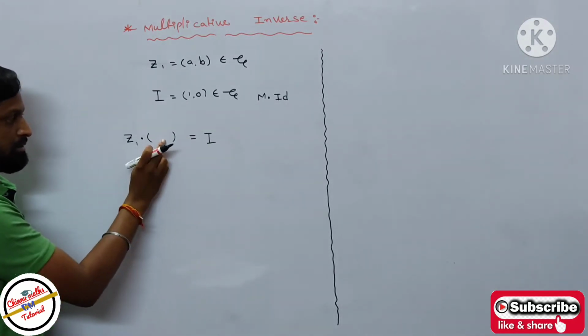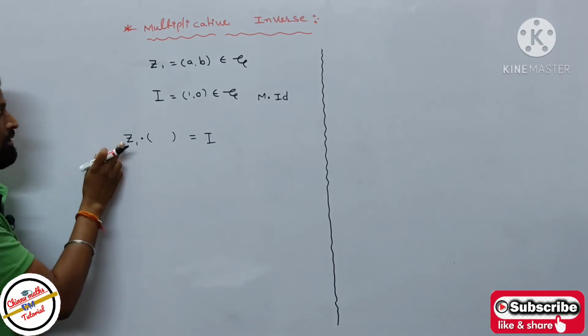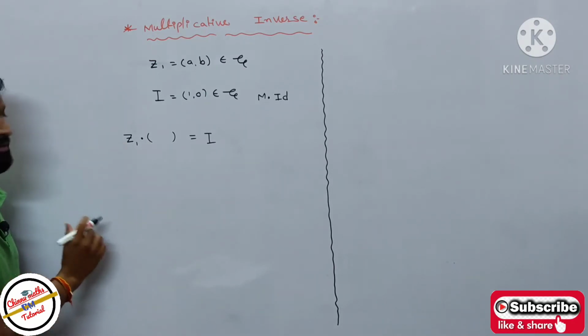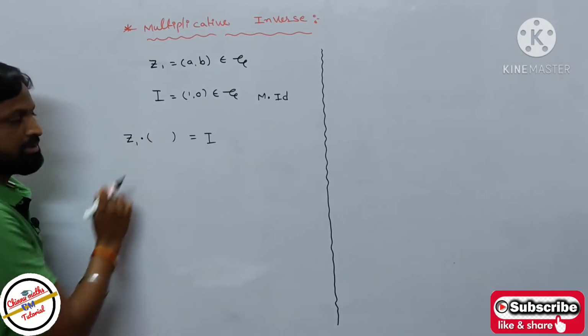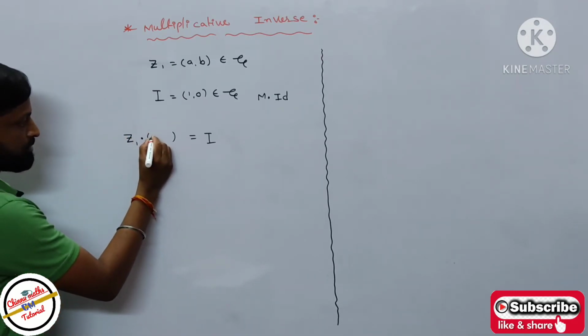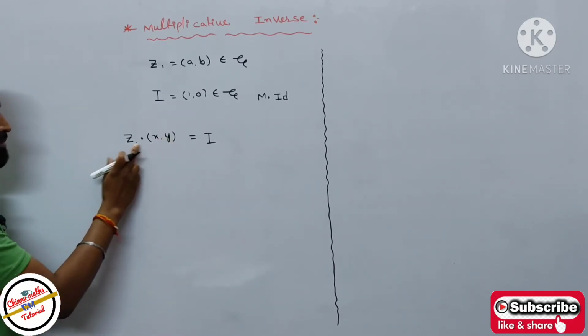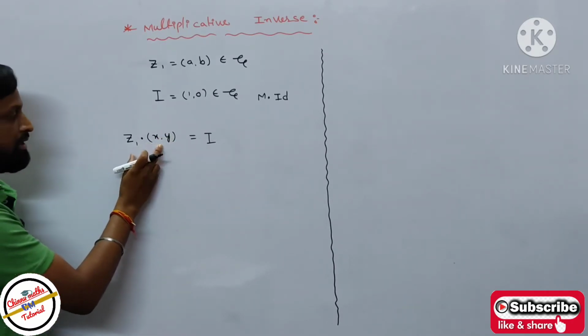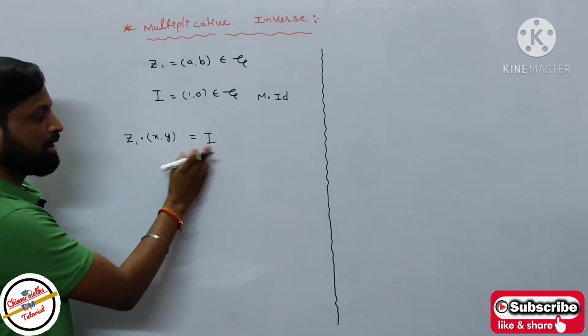Then this complex number is the multiplicative inverse of Z1. We don't know the ordered pair of this complex number, so I will take X comma Y. Z1 times the ordered pair X comma Y gives the multiplicative identity.